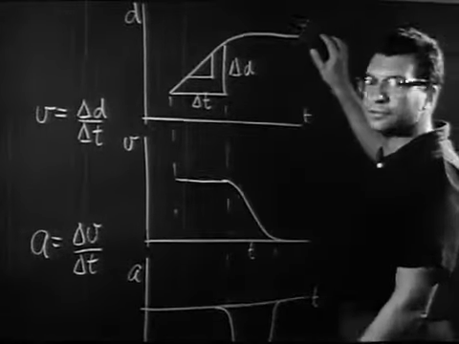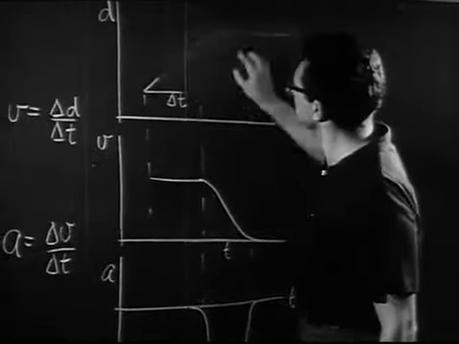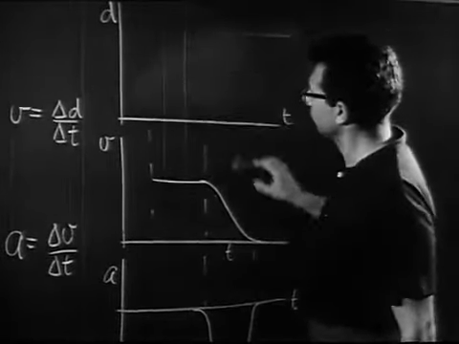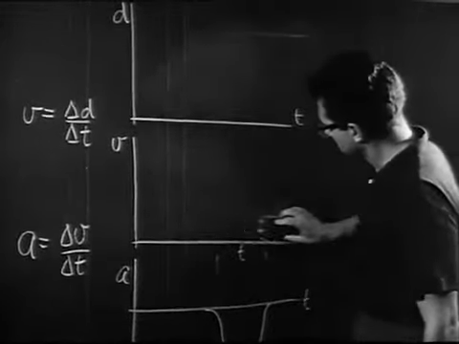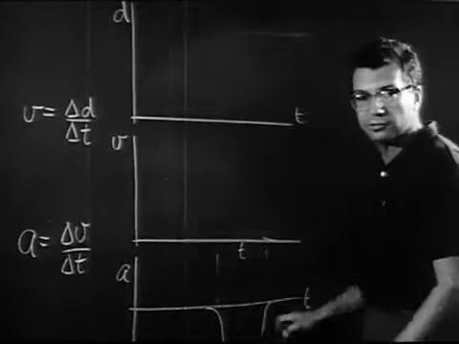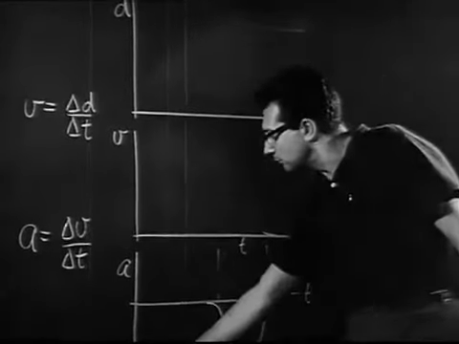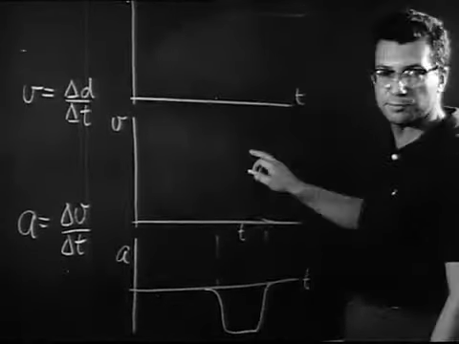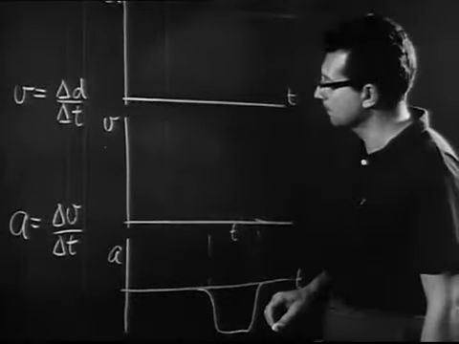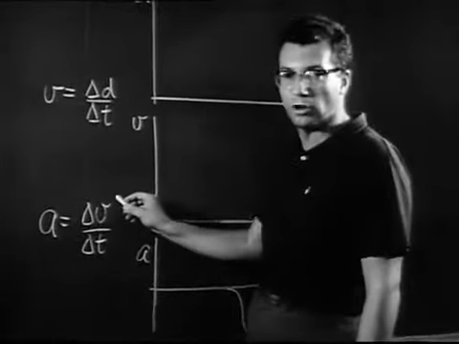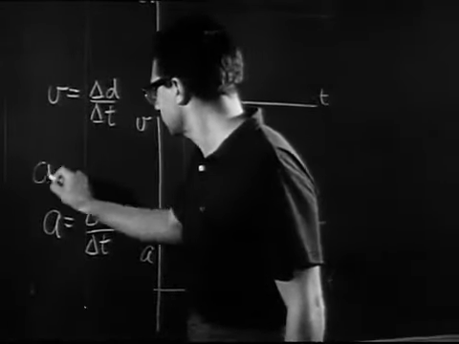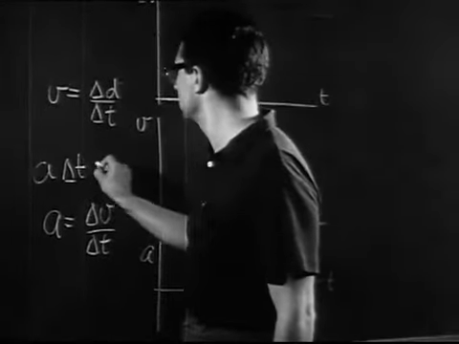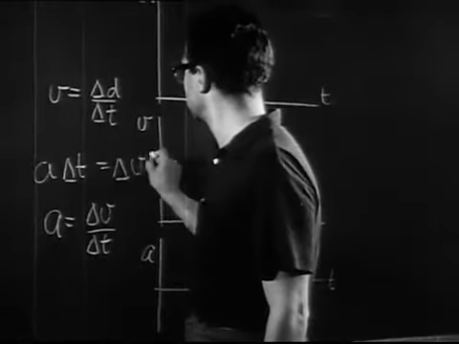Suppose I didn't have the distance versus time curve or the speed curve, but that I did have the acceleration curve to begin with. The problem is, can I construct the speed curve from it? Well, here's a relationship that we know, and notice that I can transpose it to read A times delta t equals delta v.